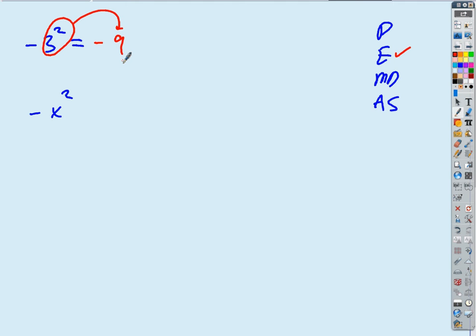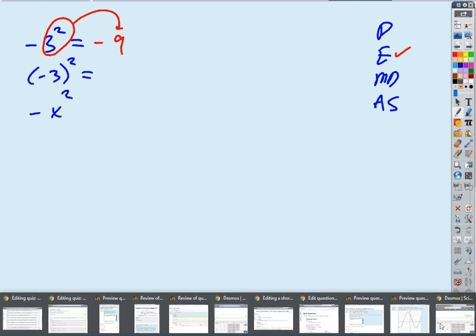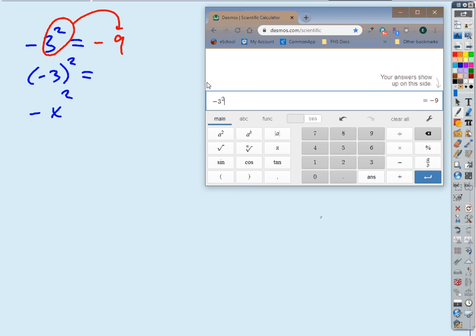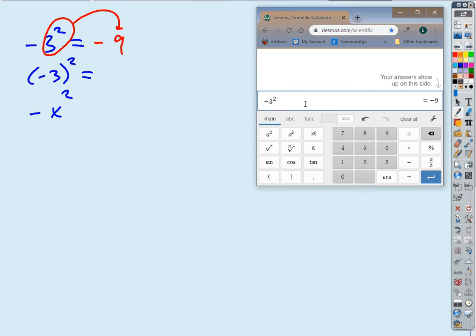If I want to actually square the number -3, I have to put the number in parentheses, and I'll demonstrate that on Desmos. Watch what happens. If I put in parentheses -3, and I square it, now that gives me what I'm supposed to get. Right, then I get 9.